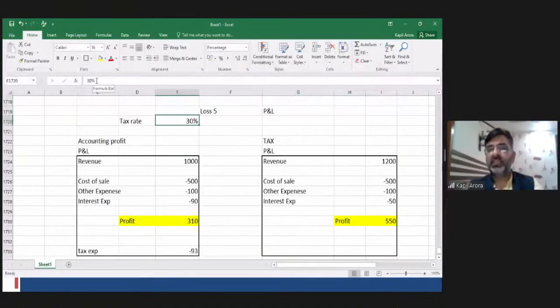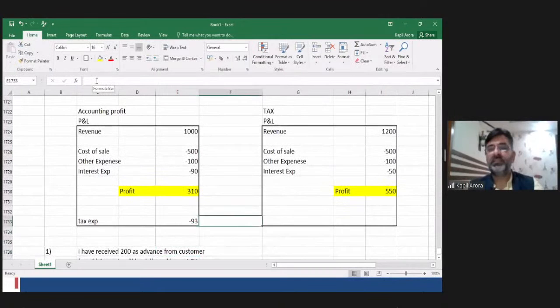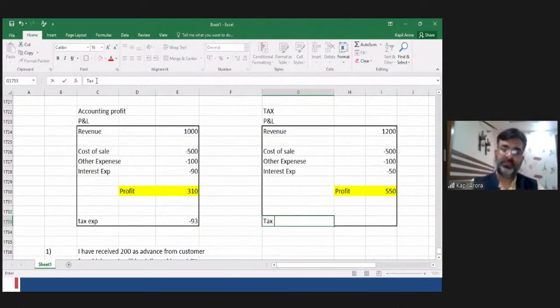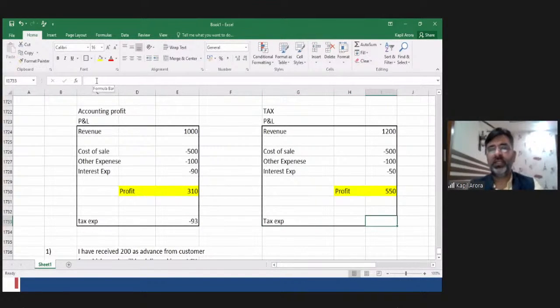Now the income tax rate is 30%. What is the tax expense we have to pay? The tax expense at the rate of 30% would be 165.